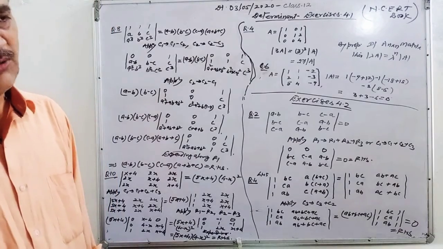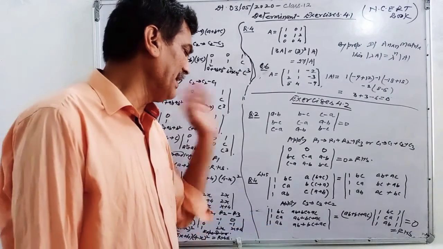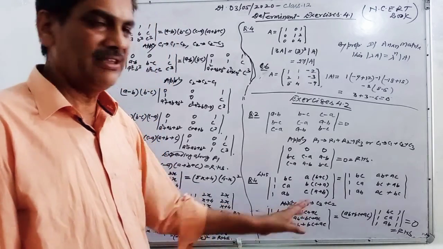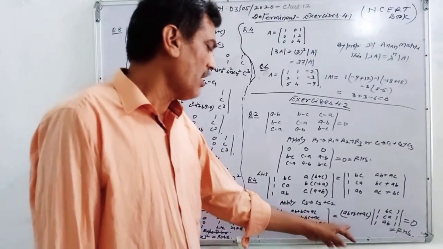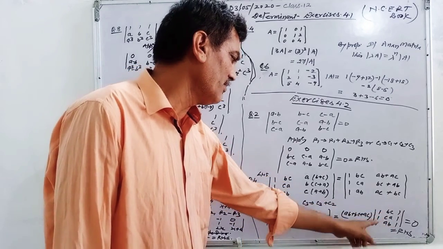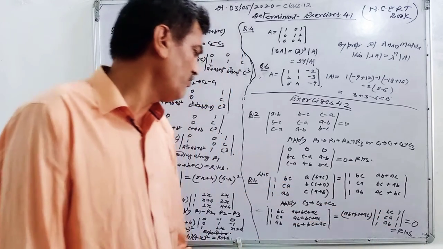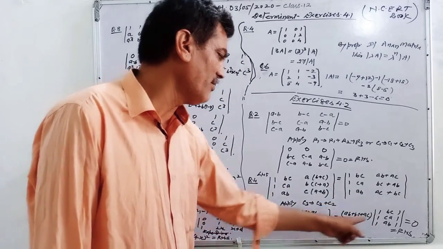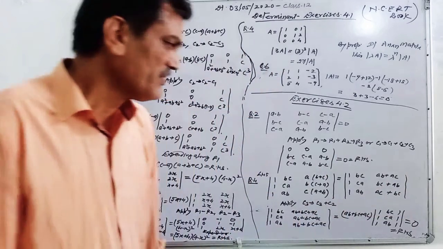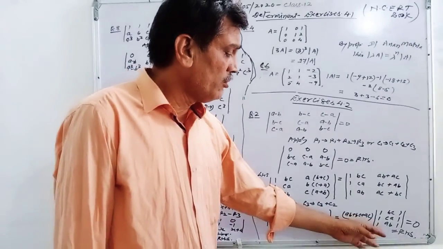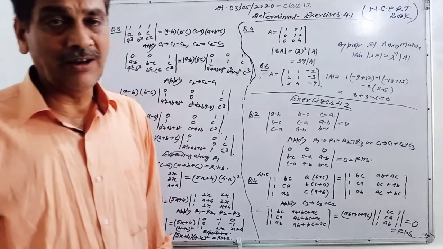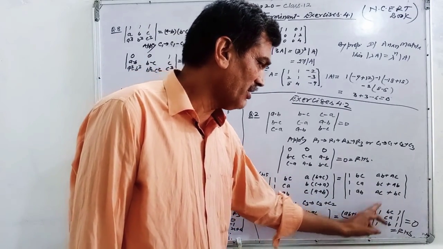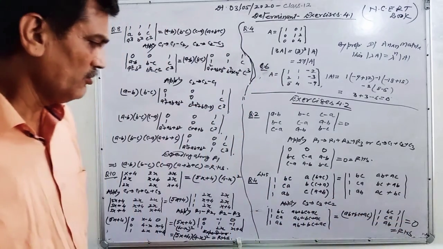By the property you can take common from any row or any column. So from C3 taking AB plus BC plus AC common, in the determinant the first row will be the same, the second row will be the same, and the third row becomes 1 1 1. In this way you see two columns become identical, then by the property the result will be 0. Directly you can write this is 0.